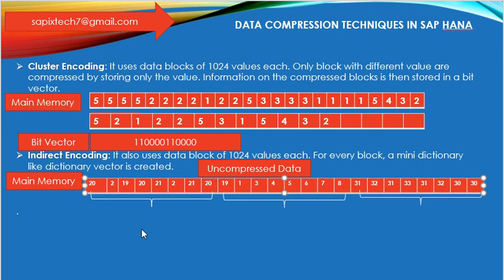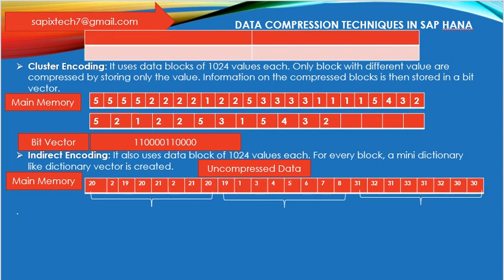So what it does is create a dictionary encoding. What will it create inside? Let me create one table here, a table with two columns, and how many identical entries? One, two, three, and four.